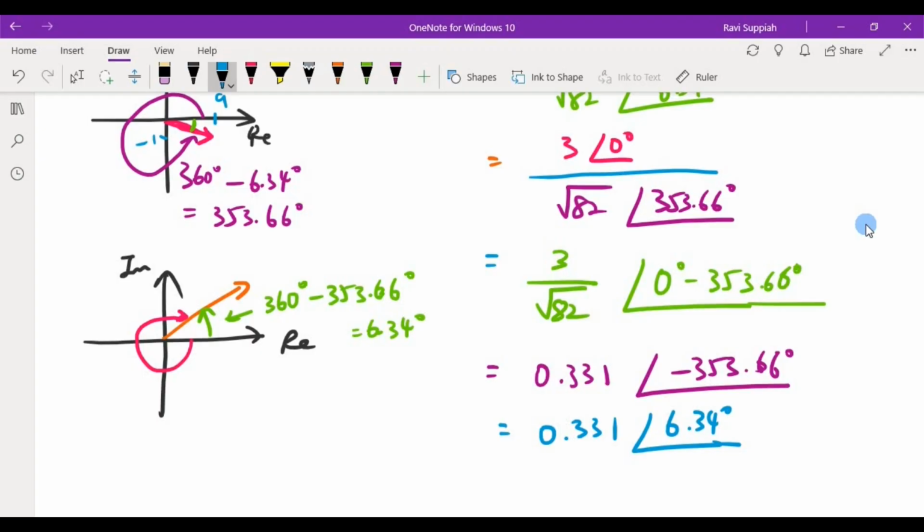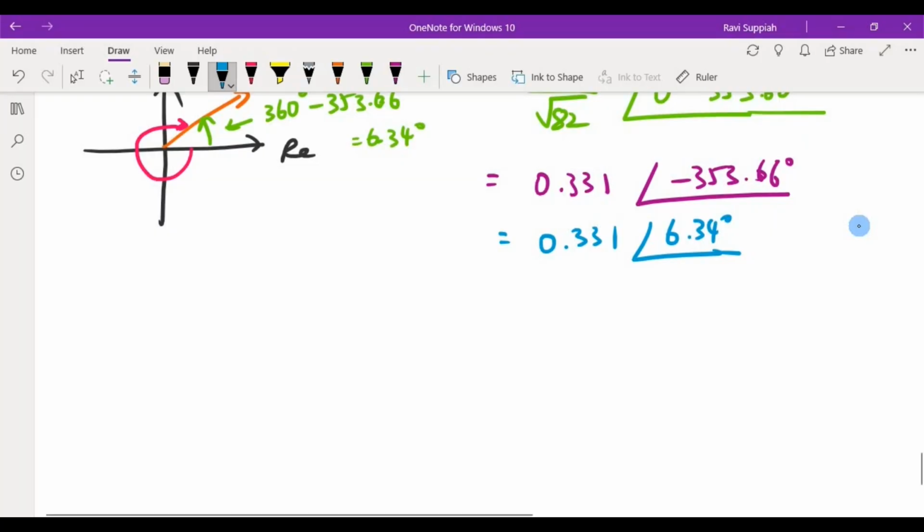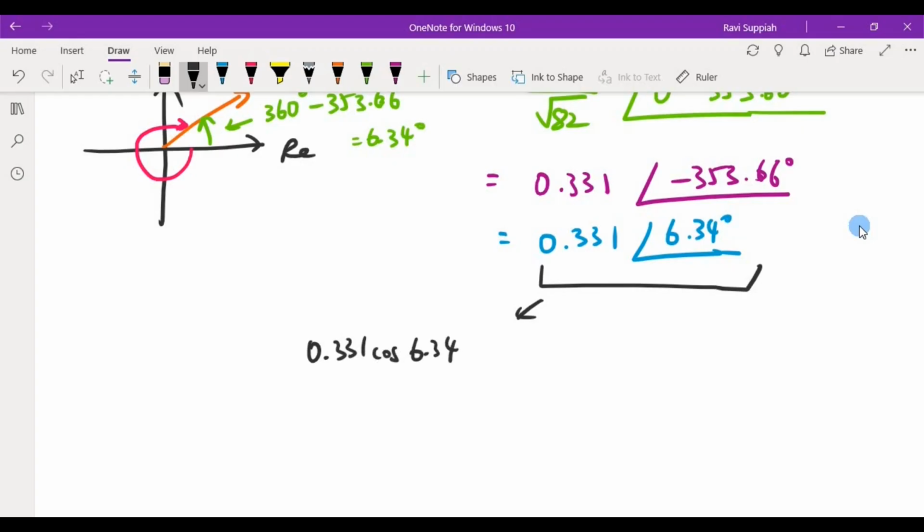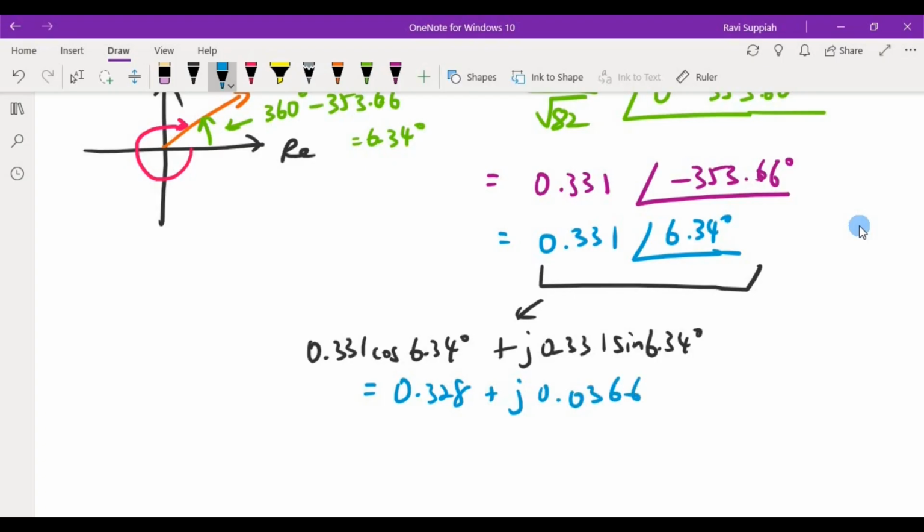Of course, you can convert this to its rectangular form as well. If you do that, what you will get is 0.331 cosine 6.34 degrees plus j 0.331 sine 6.34 degrees, and that would give you 0.328 plus j 0.0366.